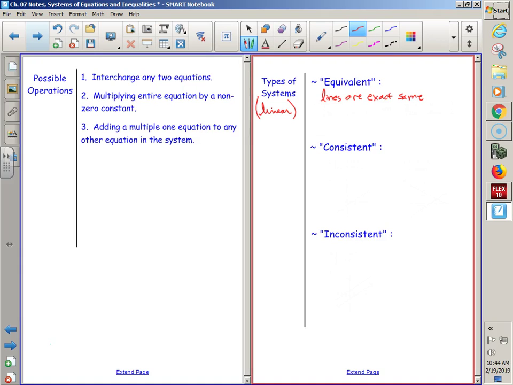And so quick heads up, if you go to do elimination, elimination will result in some sort of true statement, but the variable is gone. So 0 equals 0, 5 equals 5, 102 equals 132. There's some sort of statement, but the variable, poof, is gone.